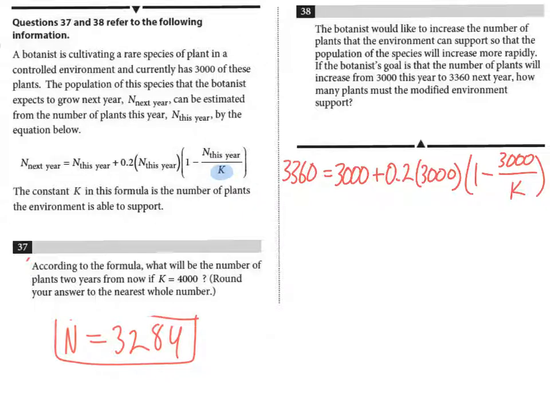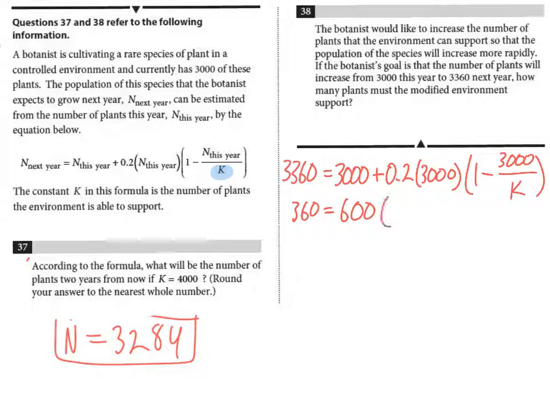Alright, well, we're just going to attempt to isolate the K value. I'm going to subtract 3,000 from both sides. I'll get 360 equals 0.2 times, and actually, what is 0.2 of 3,000? Well, it's a fifth of 3,000. It's 600.